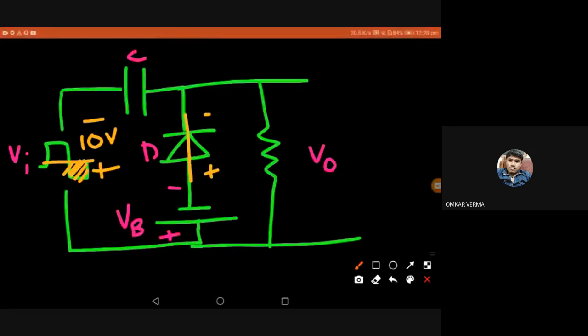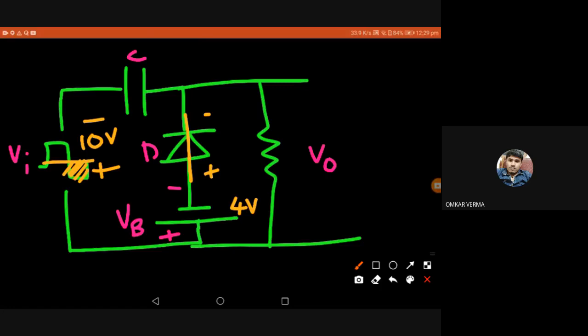Now we can see both the input and VB are not in the same direction. The input is giving negative voltage to one terminal of the capacitor, and VB is also going to charge a negative potential on the opposite terminal. So both are competing with each other to charge the capacitor.